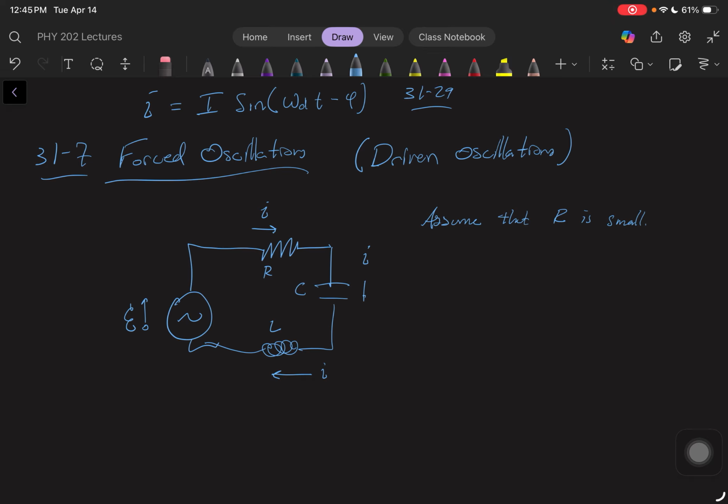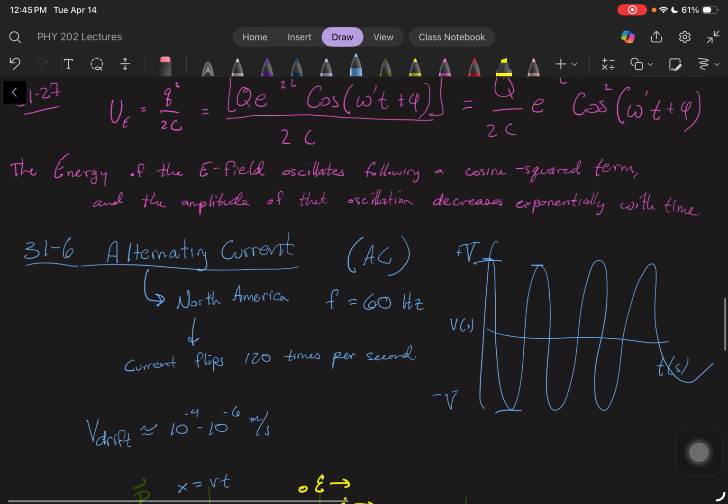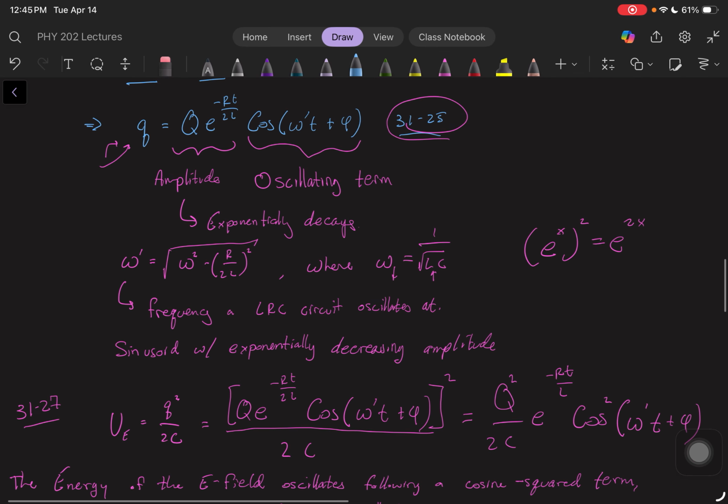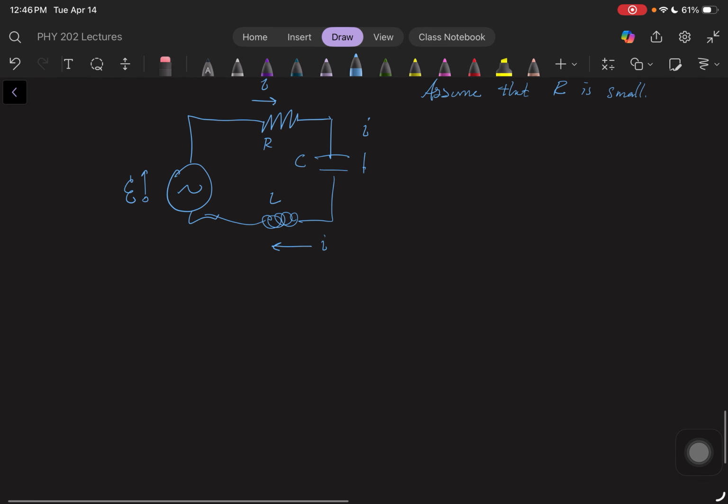In that way, we can look at this expression here, and see what's going to happen if we have a very, very small resistance. We end up with omega prime is approximately equal to omega, 1 over root LC.